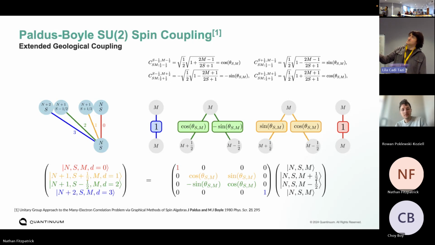So when you add a doubly occupied orbital, the blue, and an unoccupied orbital, the red, you have no Clebsch-Gordon coupling because you're not coupling a spin. But when you couple with plus a half and minus a half s, you end up with these Clebsch-Gordon couplings.